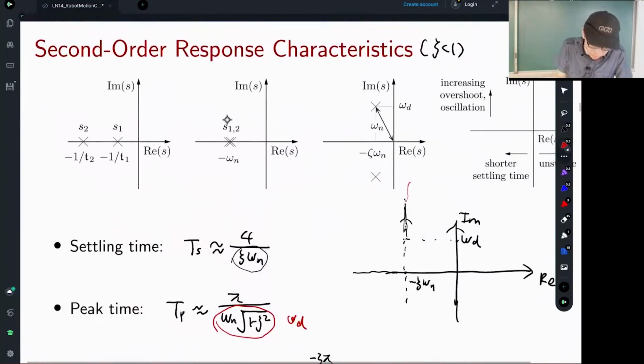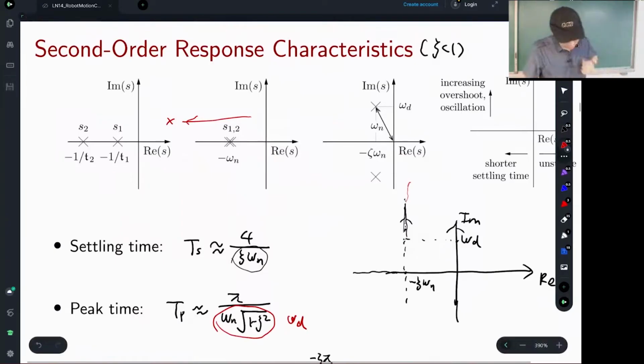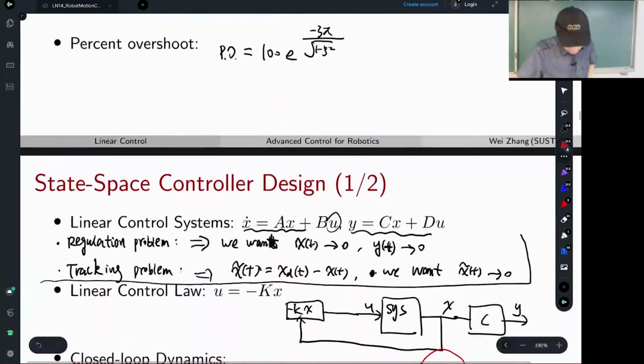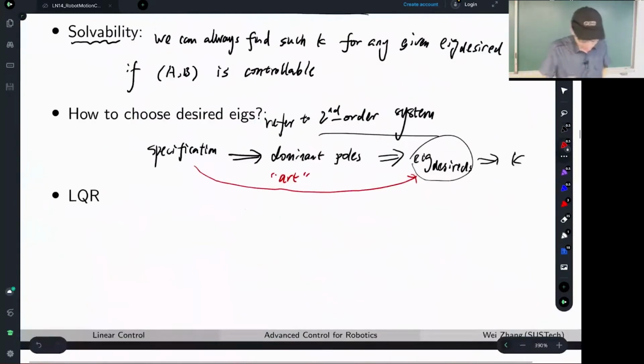If you make it too stable, if you go further here and put your eigenvalues here, then you may need a really large control action. So nothing comes for free, right? So you try and error to see whether the control action is acceptable or not. So this is art, but it can be done, and people often have good insight.